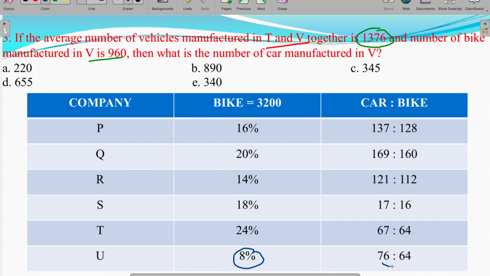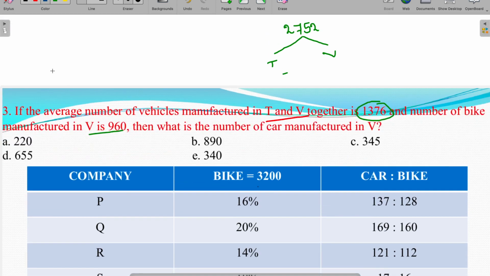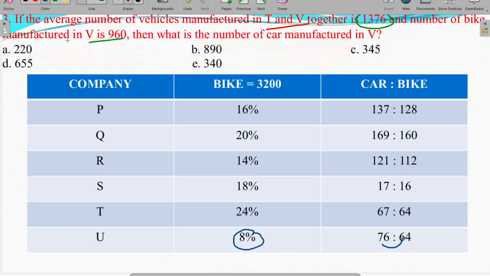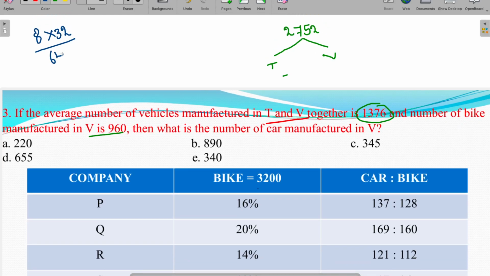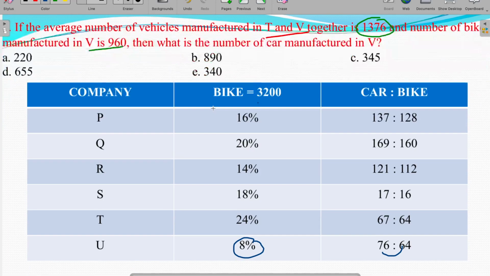Then I have to find out the total of 3200. 8% of 3200, out of that 64, into total vehicles 70 plus 60, 130, and this number we add, because I want the total.